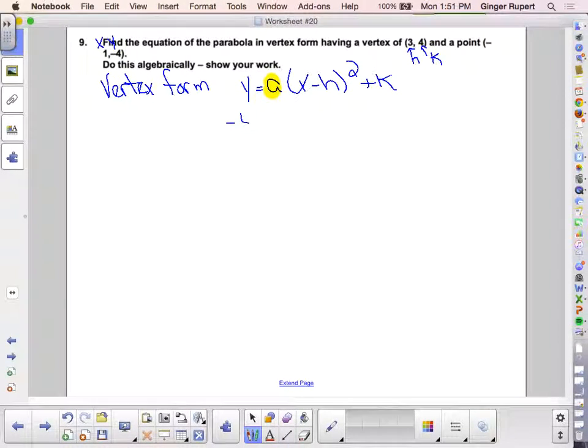So I have -4 is equal to a times (1 minus 3) squared, plus 4. So I have -4 is equal to a times (-2) squared, which is 4, plus 4. Subtract the 4 from both sides.